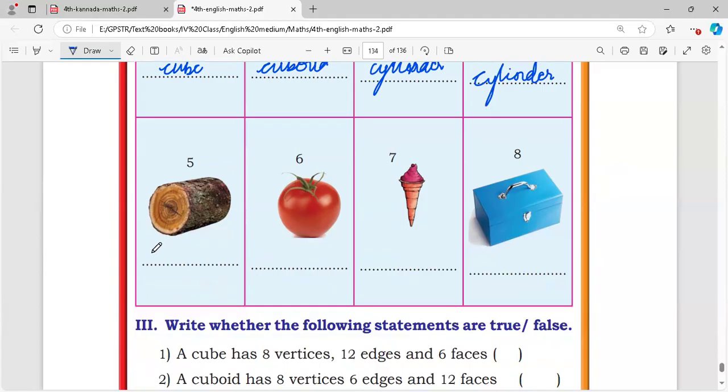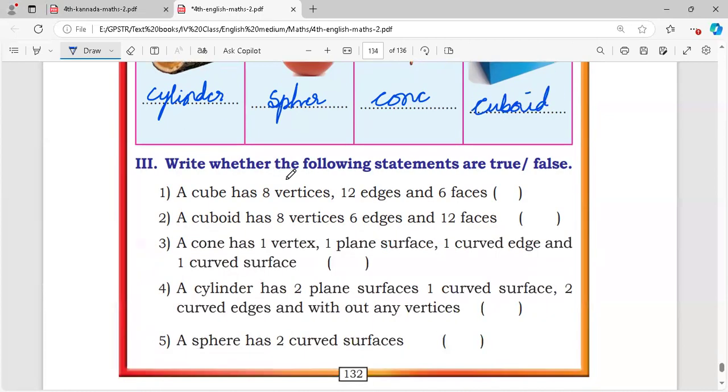Wood, this is a cylinder. Tomato, sphere. Geometrical name, sphere. Ice cream, cone. This is a cuboid. Geometrical name is cuboid.